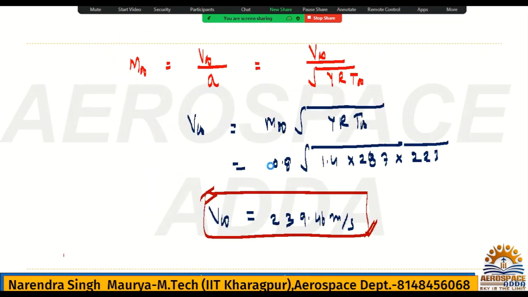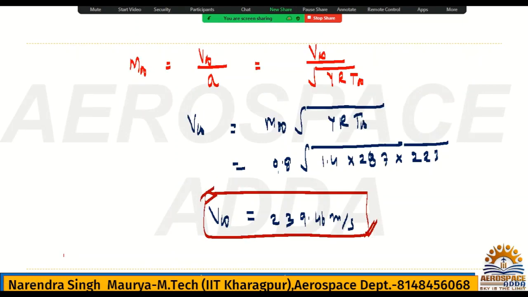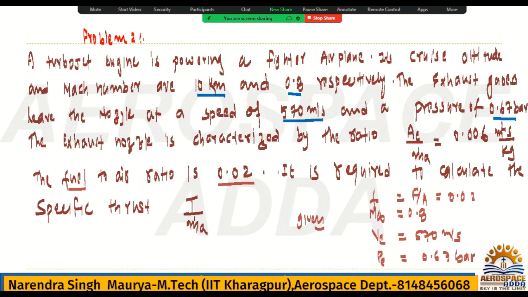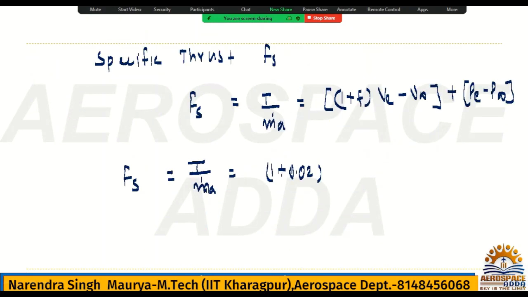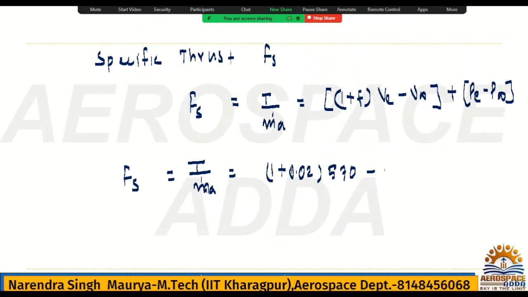So write this value 0.02. Ve, that value is given how much? It is 570 meter per second. Minus 239.46, plus Pe, the exit pressure they have given, 0.67 bar.